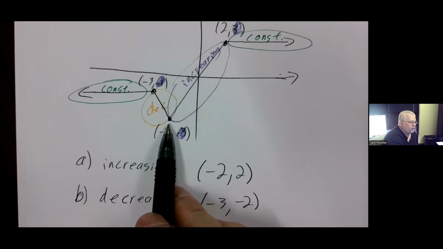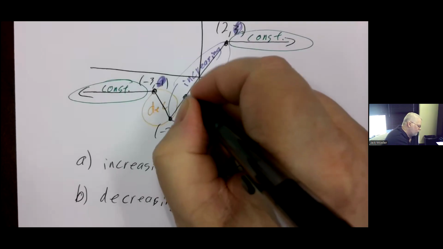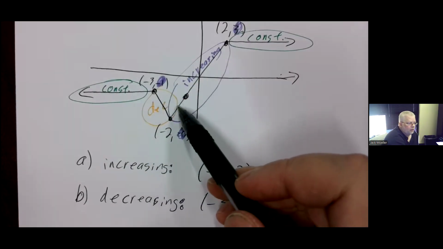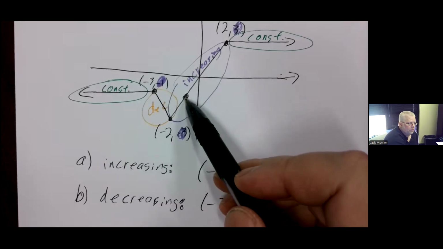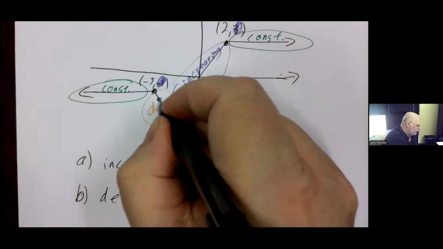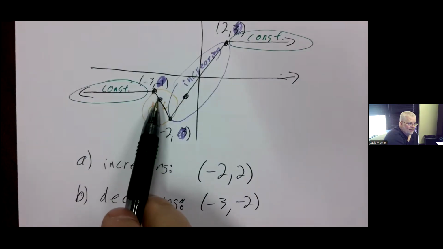And since it's a transition point, the formal definition of increasing, decreasing is it has to be doing the same on both sides of the point. So if I picked, say, that point, that's increasing on this side, increasing on this side, so I can say that point is increasing. Or if I do that point right there, it's decreasing on this side, decreasing on this side, so I can say that point is decreasing.